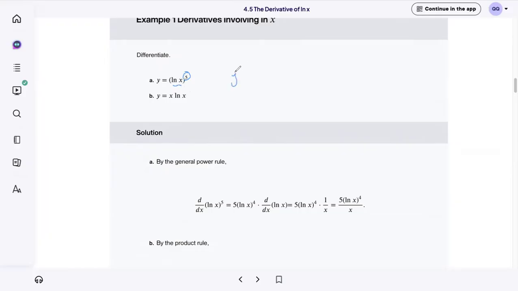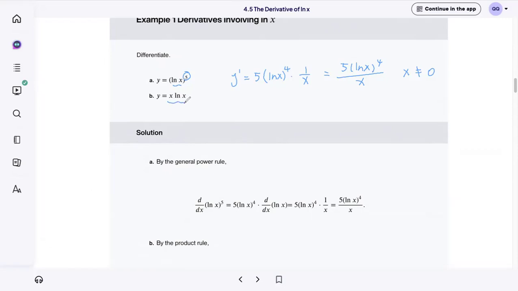So when we take the derivative, the chain rule is involved. We bring 5 down, then ln x raised by 5 minus 1, which is 4. Then we take the derivative of ln x, which is 1 over x. So we can rewrite that as 5 ln x raised by 4 divided by x. And of course, x cannot be 0.